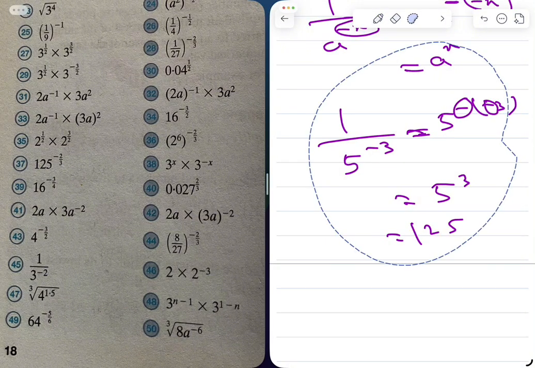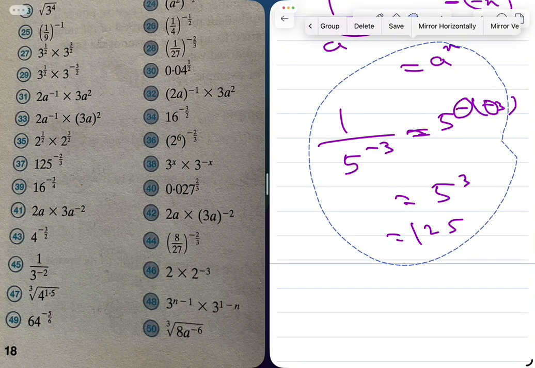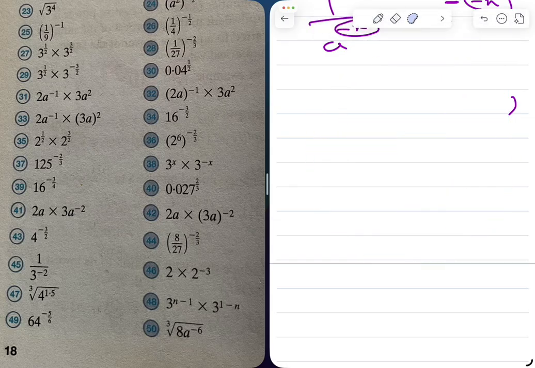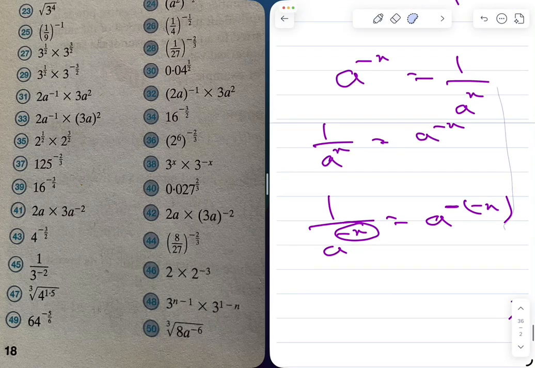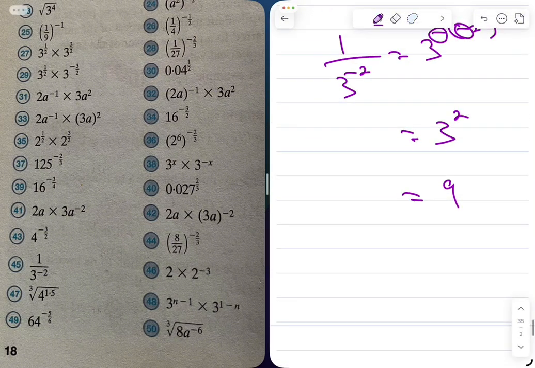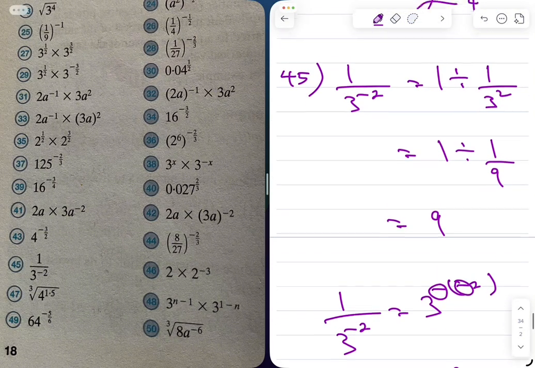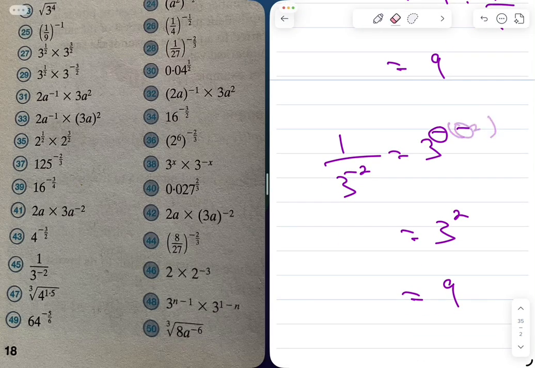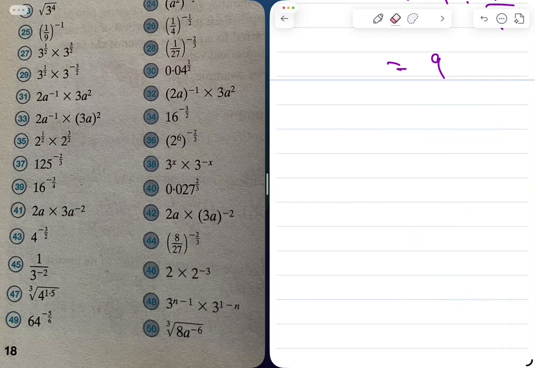So we go to the next. That was number 45, so what's the next one? 46.